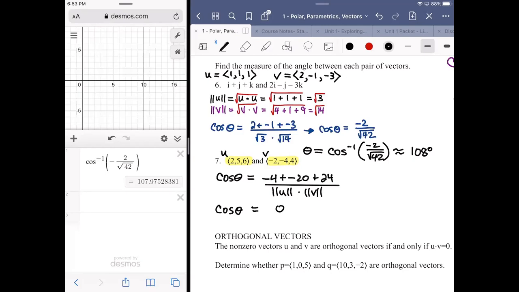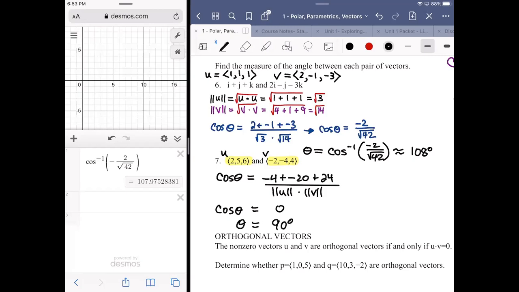So how do you find the angle between two vectors if one of them isn't really there? You can rest assured that if you have two non-zero vectors and the dot product between the two of them is equal to 0, then the angle theta is going to be equal to 90 degrees.